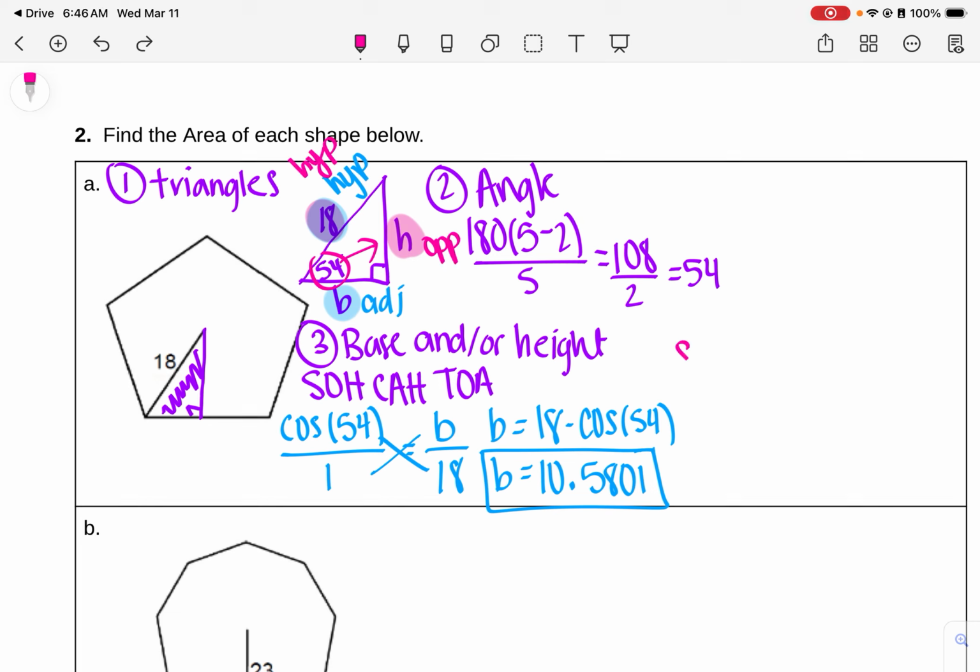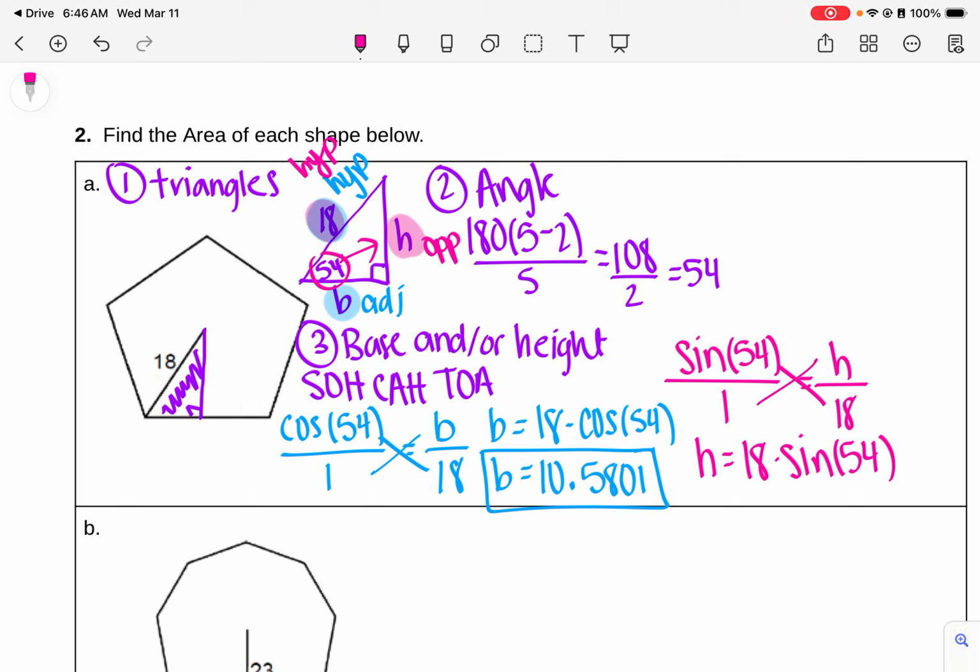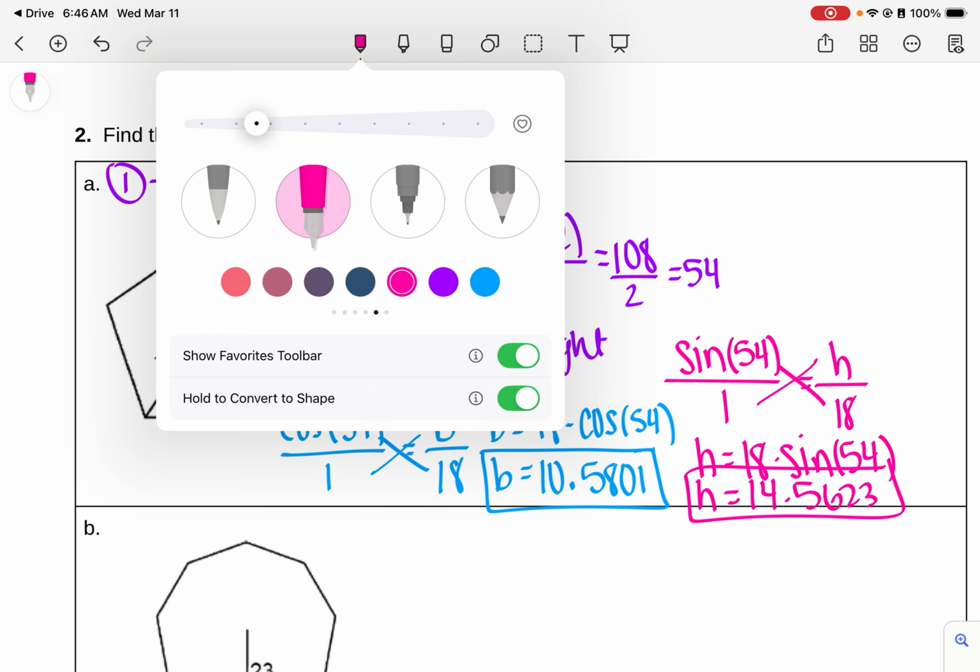So I'm going to write sine of 54, the angle itself, not just sine, sorry, equals h over 18. And then I'm going to cross multiply. H equals 18 times sine of 54. That is going to be 14.5623.